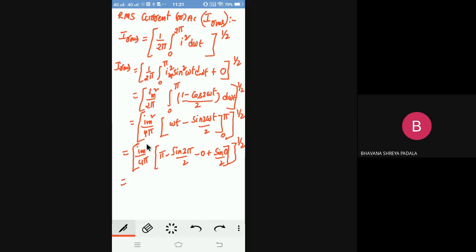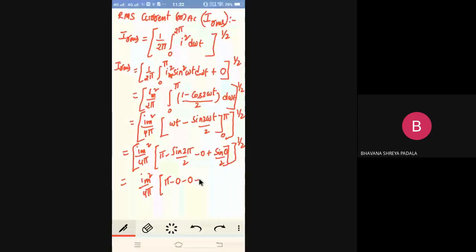What is the pi first ఉందమ్మా pi, what is the sin 2 pi value? 0, sir. Again what is the sin 0 value? 0, sir. So whole power 1/2. అంటే ఏమొస్తుంది నాకు?